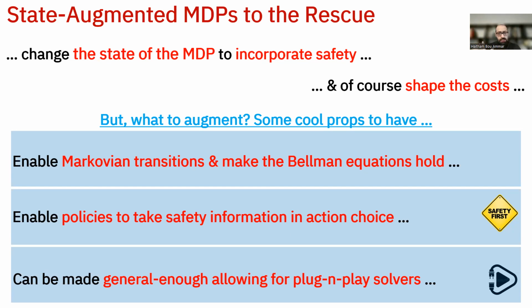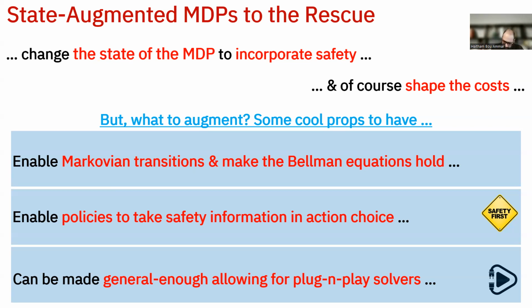So our strategy so far, let's recap. What we've done is we defined a standard MDP, then we defined a constraint MDP, and we said to solve the constraint MDP, we could use the min-max solution, which is the standard constraint solution. But we said that this is not nicely taking safety into account, and also we do not explicitly know in the general case if the Bellman equations will hold.